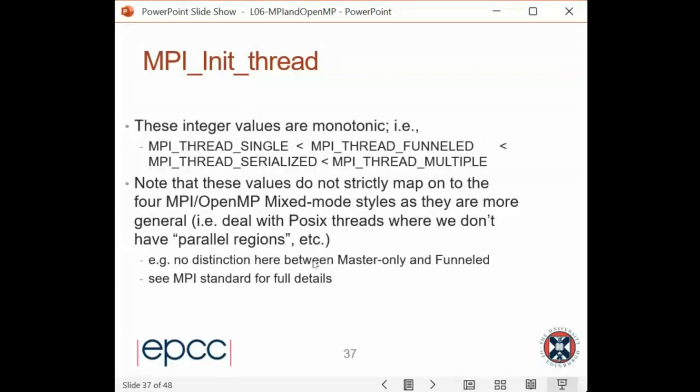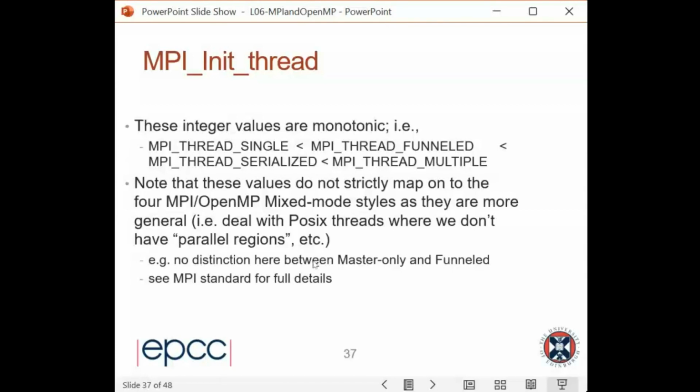So these values are called MPI_THREAD_SINGLE, MPI_THREAD_FUNNELED, MPI_THREAD_SERIALIZED, and MPI_THREAD_MULTIPLE, and they are integers which are arranged monotonically in order. So basically you can compare: you might ask for MPI_THREAD_MULTIPLE, and the MPI library might say I can only do MPI_THREAD_SERIALIZED.